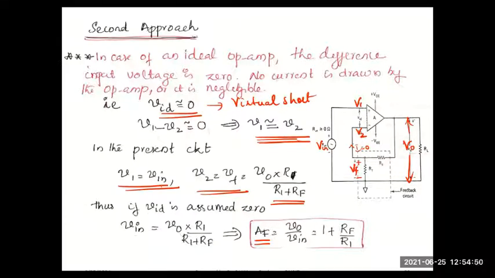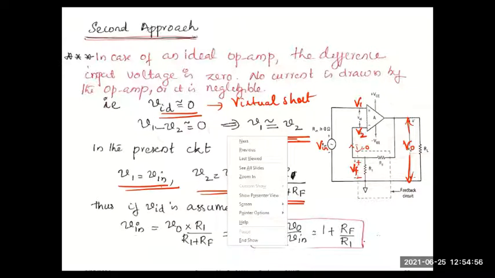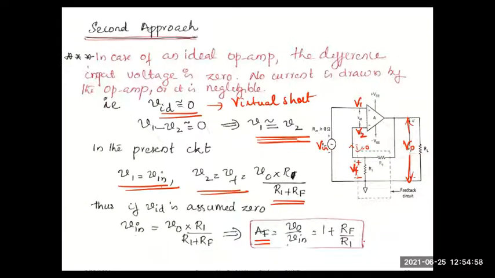Or in other words, you are interested in the voltage ratio V0 by V in, which will turn out to be 1 plus Rf by R1. I hope you understood this. All we are doing is writing VID as 0, and VID is equal to V1 minus V2. Therefore, you are equating V1 to V2. From the circuit, you can see V1 is V in and V2 is Vf.